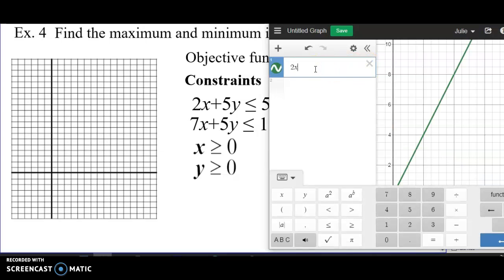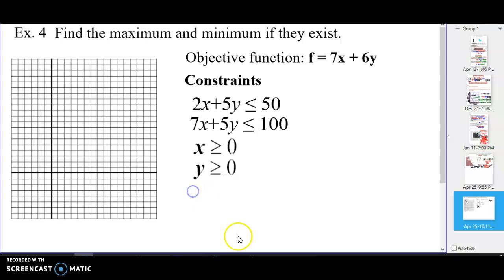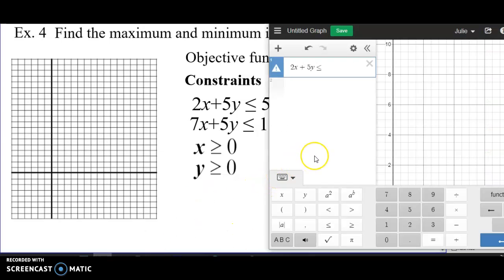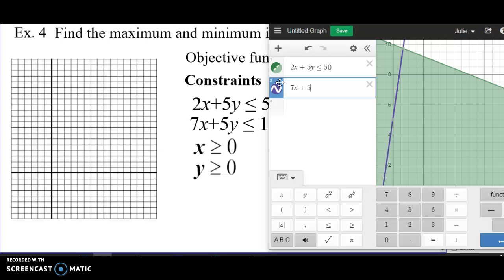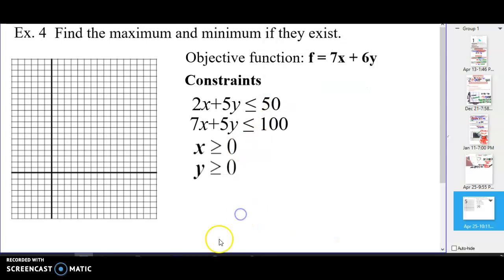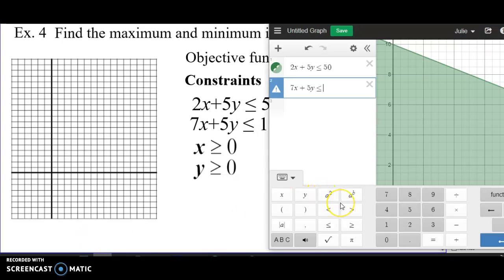So 2x plus 5y less than or equal to 50. Okay, ooh, that's nice. And then 7x plus 5y less than or equal to, is it 100? Great, 100.